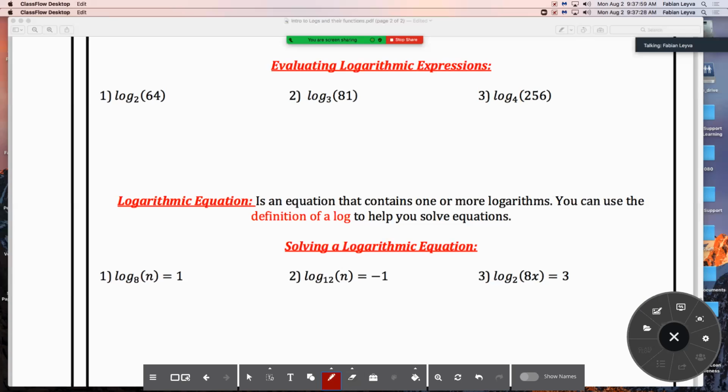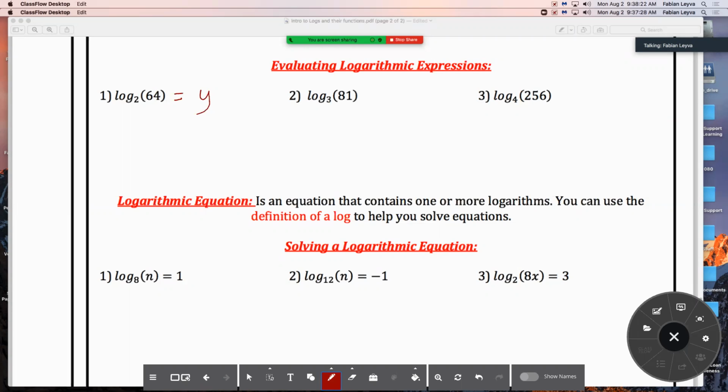So the easiest way of doing this is to rewrite it as an exponential statement or an expression. Now notice I have log base 2 of 64. I don't know what that's equal to, but let's just call it y. At the beginning, it's kind of tough to see what it's asking for. So let's go ahead and change to exponential to hopefully make a connection.